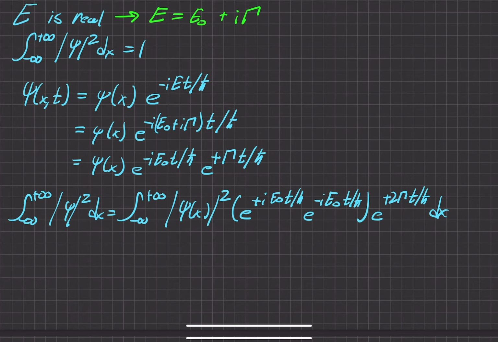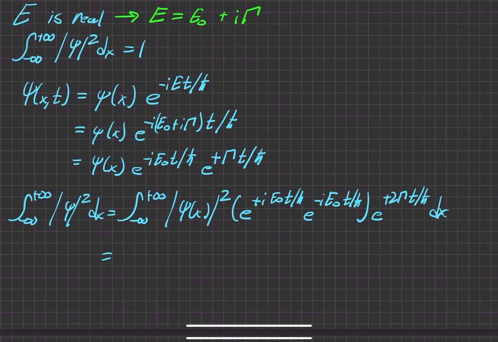Now, it's important to note that at this point, this is only an integral over space, so that means anything that is time dependent can move outside of the integral. Before we do that, you notice that this is actually just going to be equal to 1, because it's the same thing in the exponential except for different signs here.